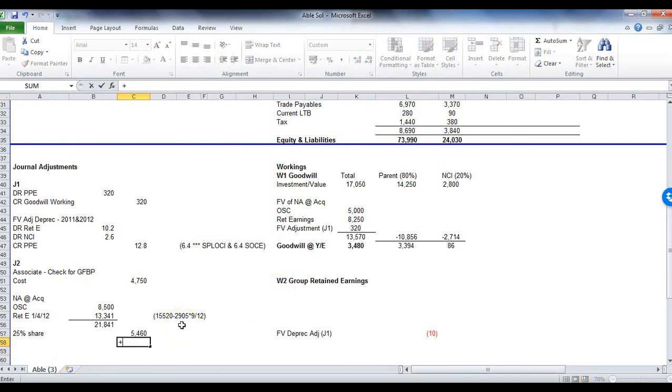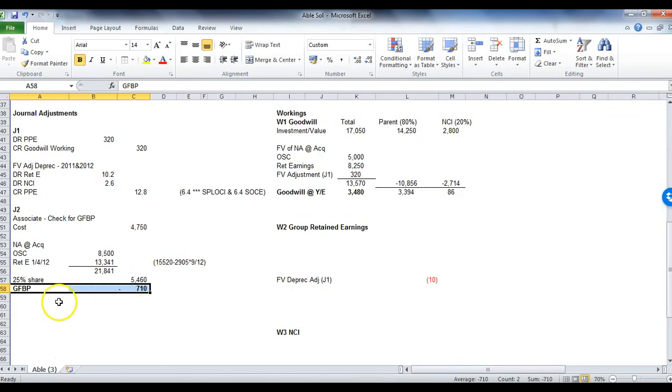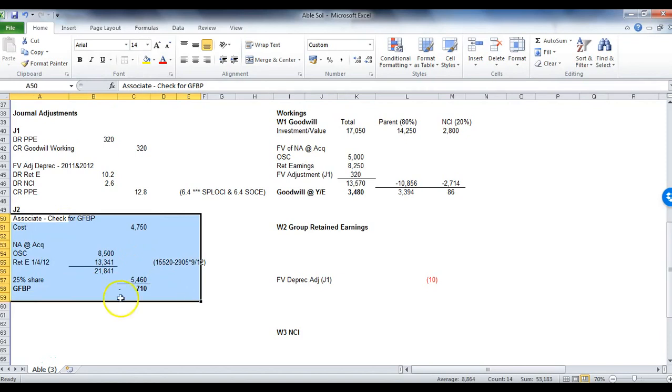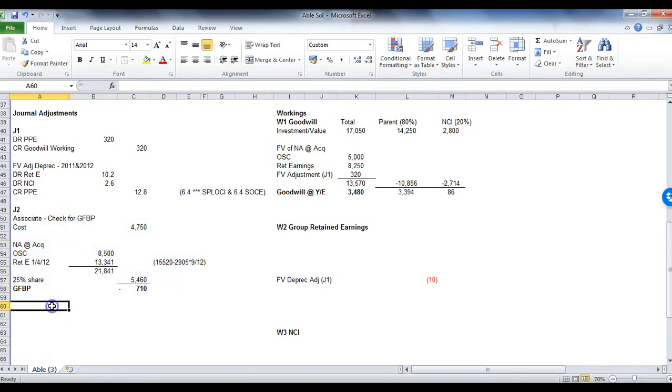So again, we can see here very clearly we have negative premium, or in this case a gain from bargain purchase. And you know, if you have a gain from bargain purchase in an associate under IAS 28, you must make an adjustment. So what catches out a lot of students there is there's no real clear rule, you're not told to do it in the question. You have to remember, if you have an associate, you need to check for a gain from bargain purchase.